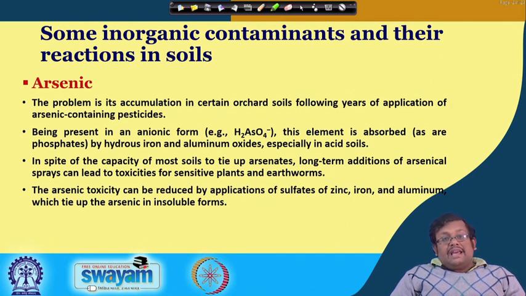Being present in an anionic form, this element is adsorbed like phosphates by hydrous iron and aluminum oxides, especially in acid soils. In spite of the capacity of most soils to tie up the arsenate, long term addition of arsenical sprays can lead to toxicities for sensitive plants and earthworms. Arsenic toxicity can be reduced by application of sulfates of zinc, iron and aluminum, which tie up arsenic in insoluble forms.